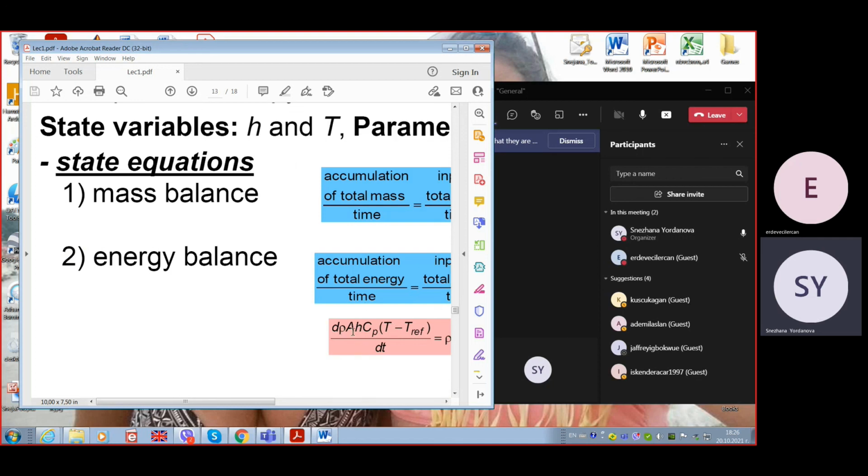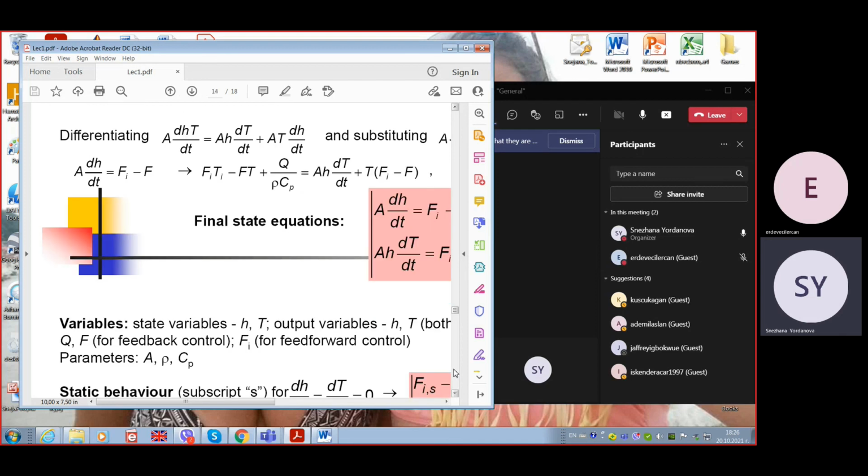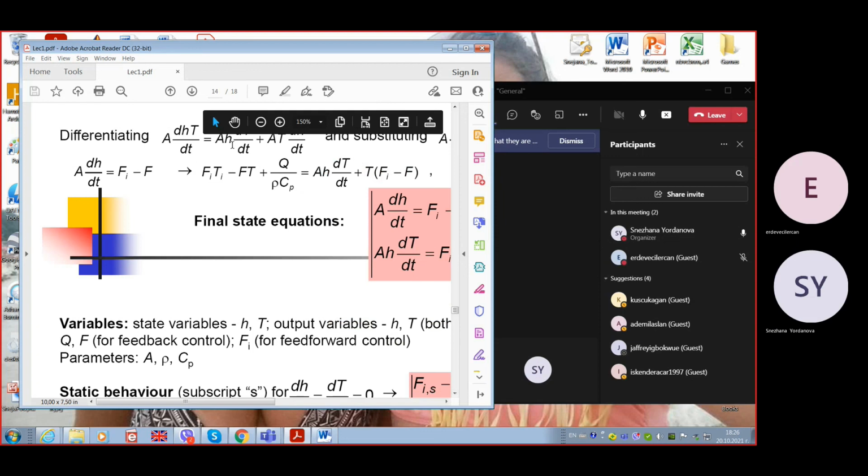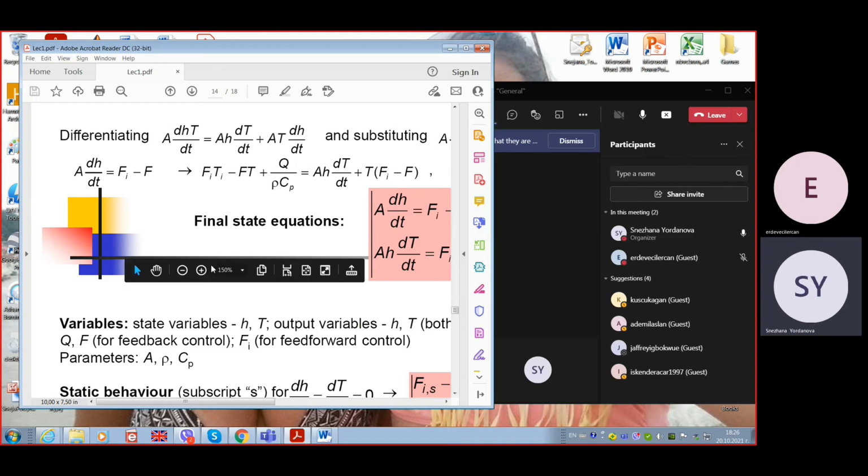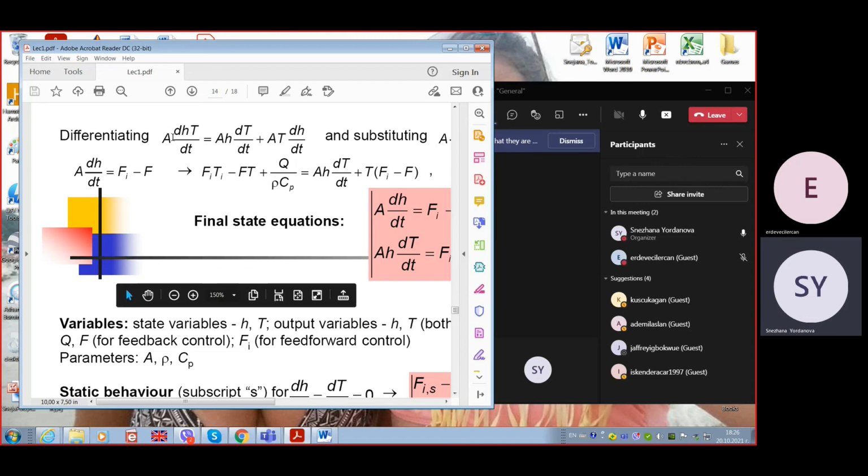And this derivative is the derivative of a product of variables. So what we have here is this complex derivative of this product, the rest are constants, not included in the derivatives. So the derivative of temperature multiplied by h and the derivative of h multiplied by T, and part of this derivative, dh/dt, is substituted by flow rates.